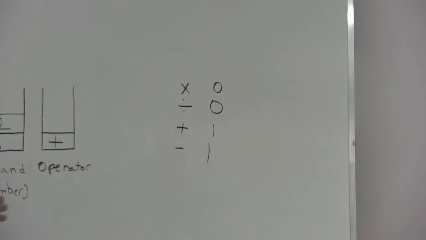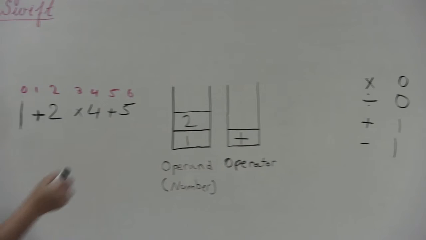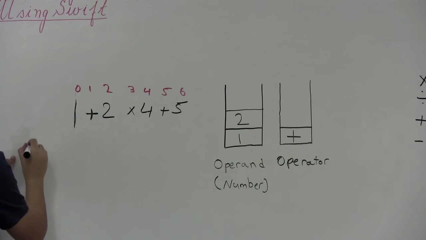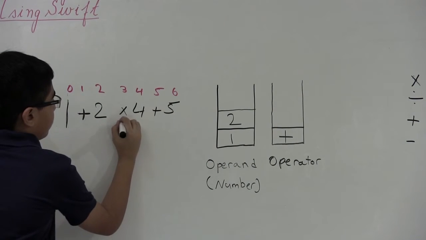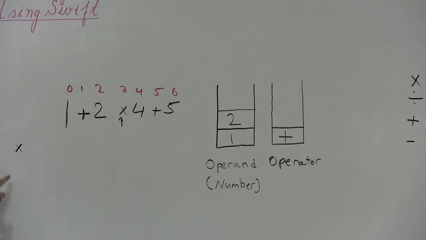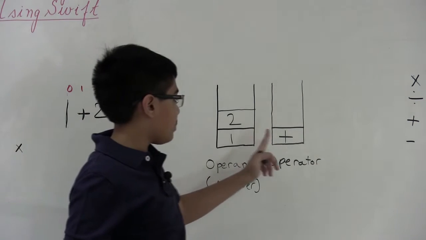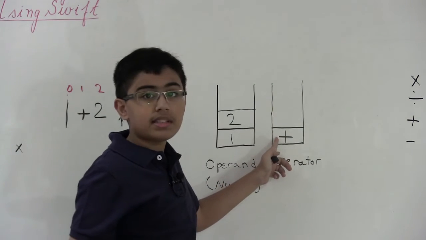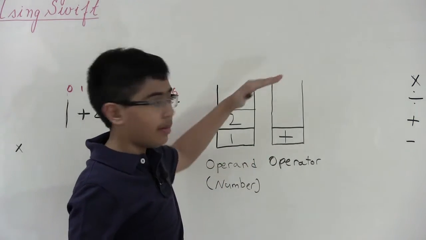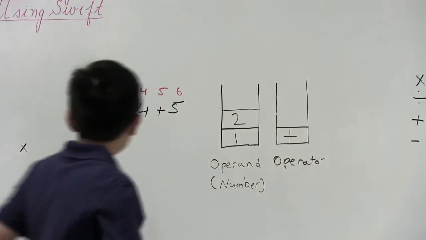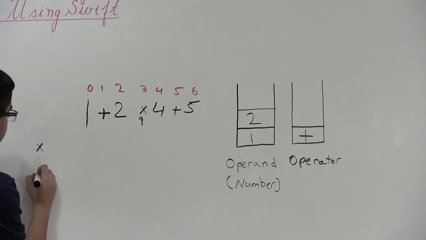Perfect. So now that you know that, I can explain the rule to you. The rule is that we want to take a look at this operator. We have a times currently, that's what we're on. In our stack's peak, which is the highest element in the stack, is a plus.